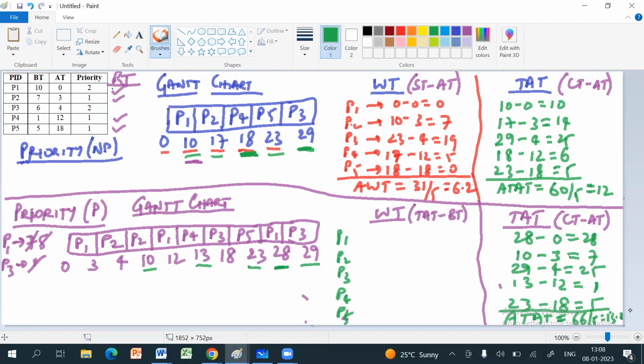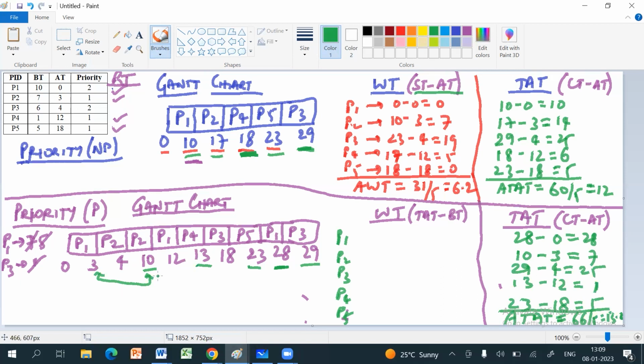All right. Similarly, wait time. Wait time can be calculated as per the first formula, start time minus arrival time. If you are doing that, it will be 0 minus 0 initially, plus you would again have to do 10 minus 3. So P1 actually waited in between these times, and this should also be considered.